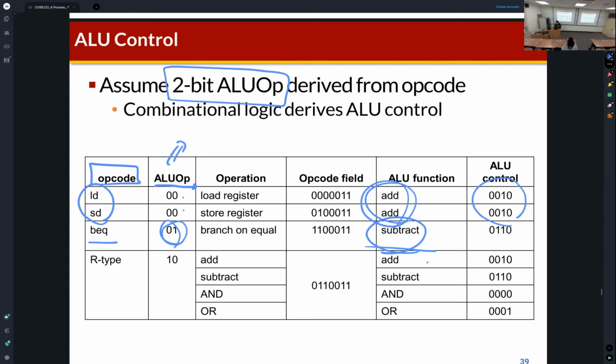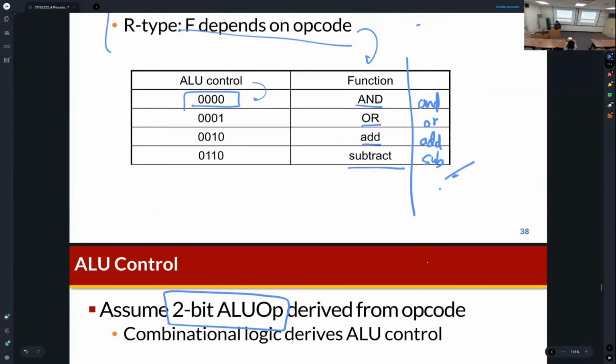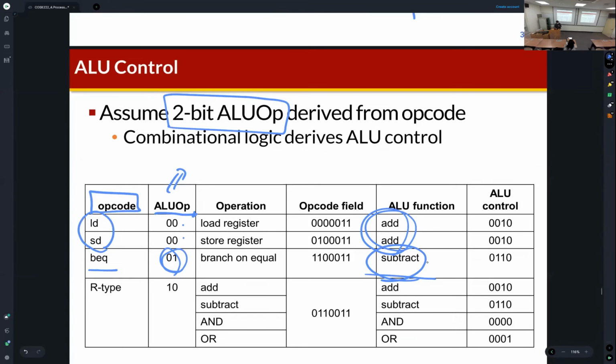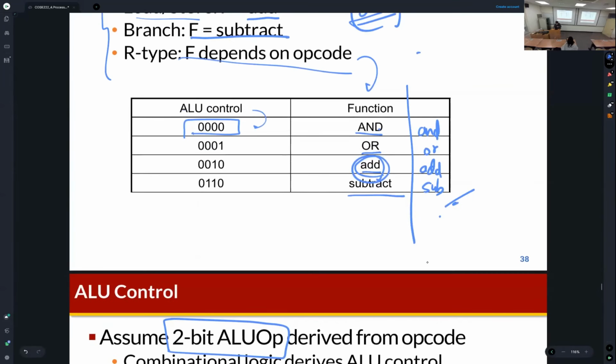For the memory instruction, ALU control signals are always 0, 0, 1, 0, which means it's the add operation. And if the instruction type is the branch instruction, then ALU OP becomes 0, 1, and ALU always performs the subtract function. In this case, the ALU control bits become 0, 1, 1, 0.